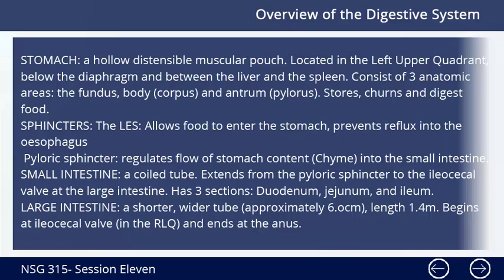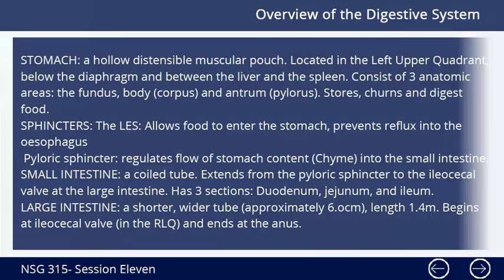The pyloric sphincter. It regulates flow of stomach content, that is chyme, into the small intestine. The small intestine is a coiled tube, extends from the pyloric sphincter to the ileocecal valve at the large intestine. It has three sections: the duodenum, the jejunum, and the ileum. Large intestine, a shorter, wider tube, approximately 6 cm in width and 1.4 meters in length.